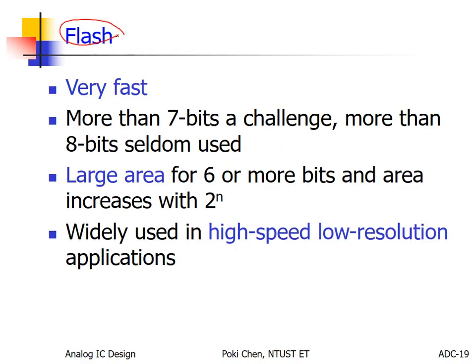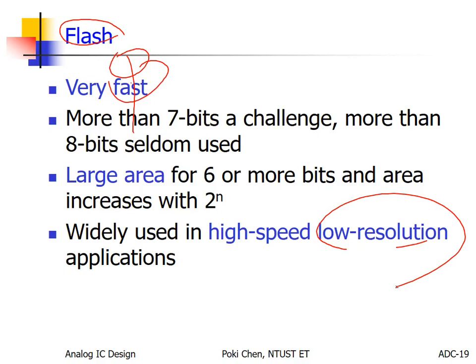Flash is the fastest, but it is the most complicated and the most power-consuming one, so it's up to you. And since it's really fast, the resolution comparatively is the lowest.